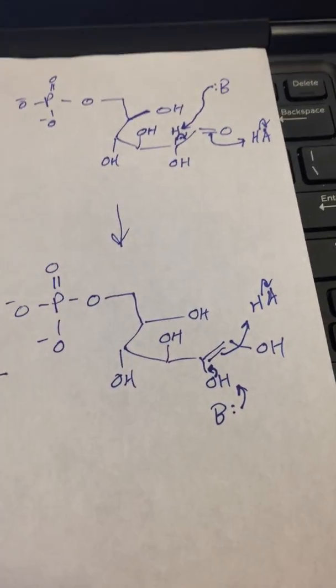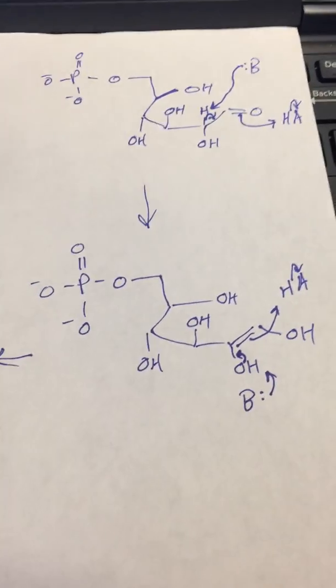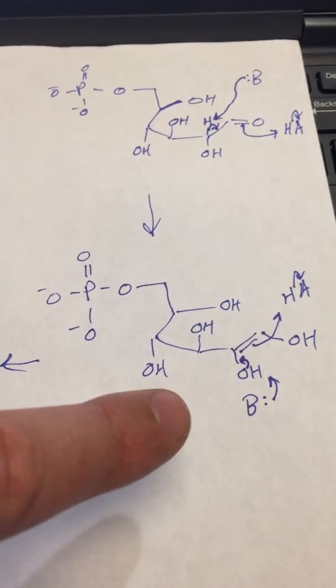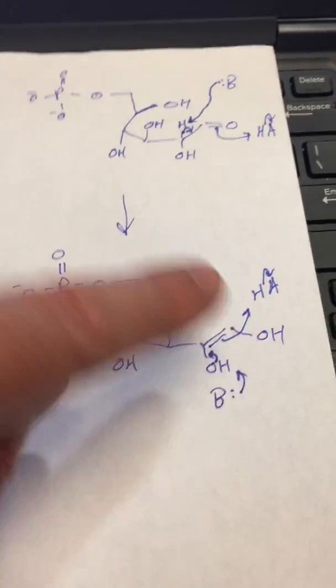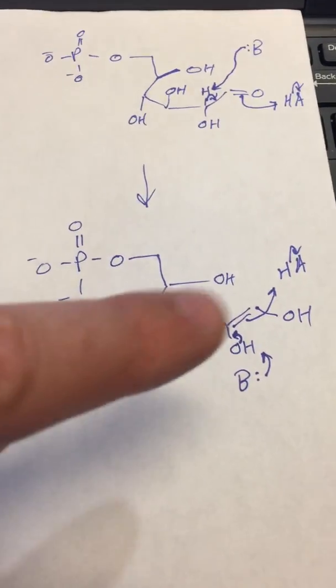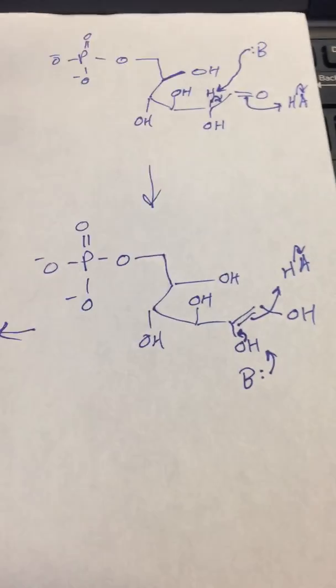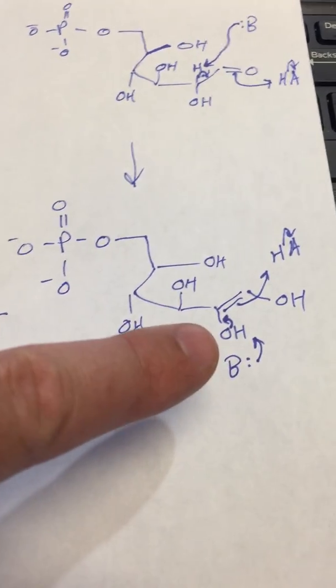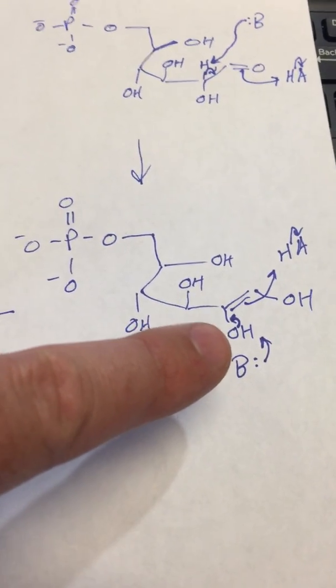Now, in order to shift the carbonyl, all we have to do is deprotonate the other hydroxyl. If we deprotonated this first one, we could do that, but we're just going to end up with the aldehyde again. So we can deprotonate either one, but only one way gives us the productive chemistry. So we're going to deprotonate the other alcohol, on carbon 2.